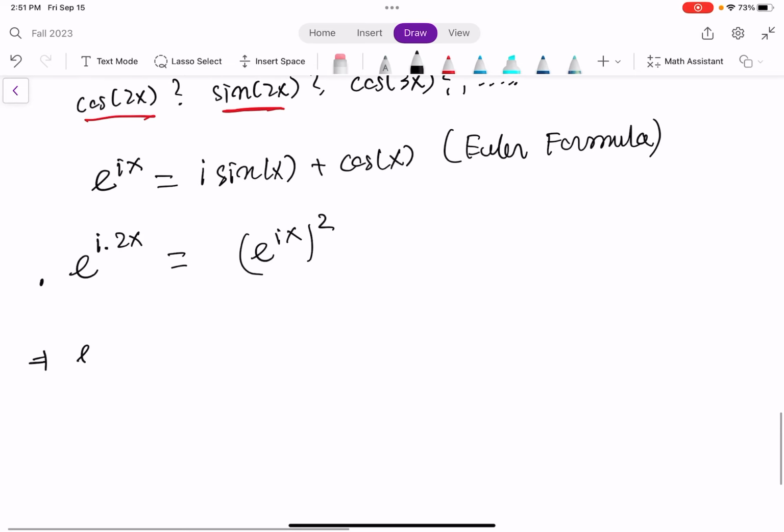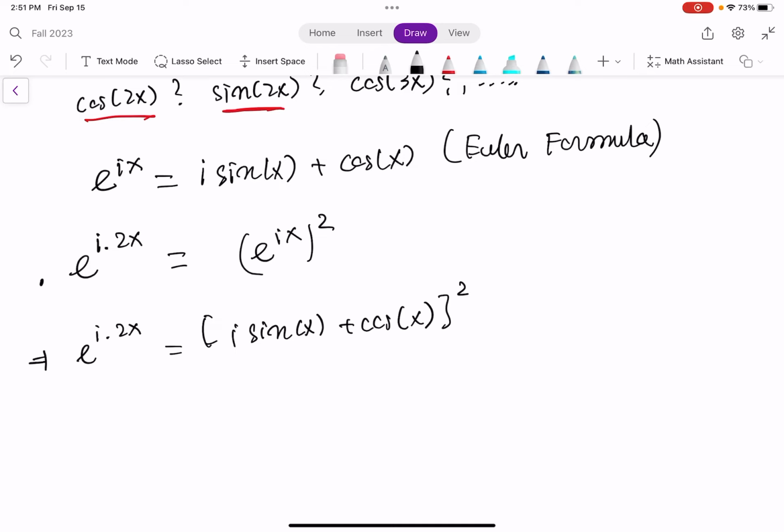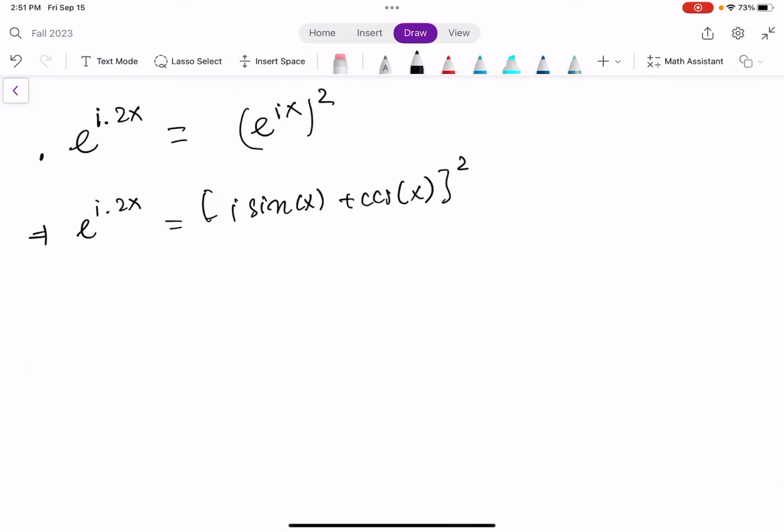So we got e to the power i times 2x equals, instead of writing e to the power ix, I would say i sine x plus cosine of x, all this squared. Let's go ahead and expand it.